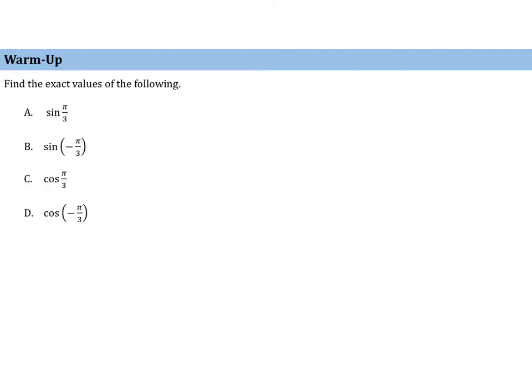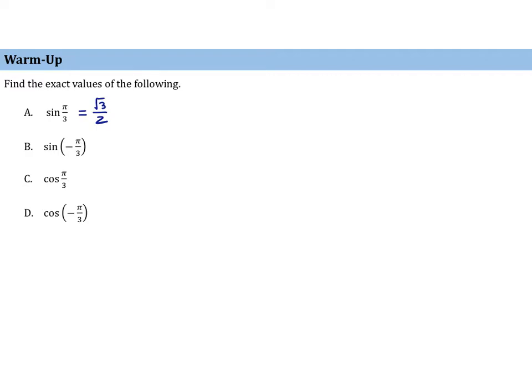In this warm-up, we have sine of pi over 3, which we should know to be the square root of 3 over 2. In part B, we have the sine of negative pi over 3.